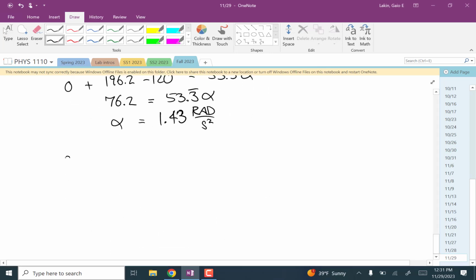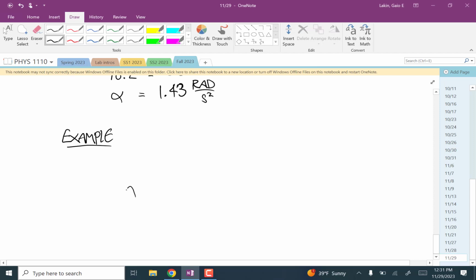Here's another kind of problem that you'll see sometimes. So let's say we have like a teeter-totter. Let's say we apply a force here of 100 newtons.